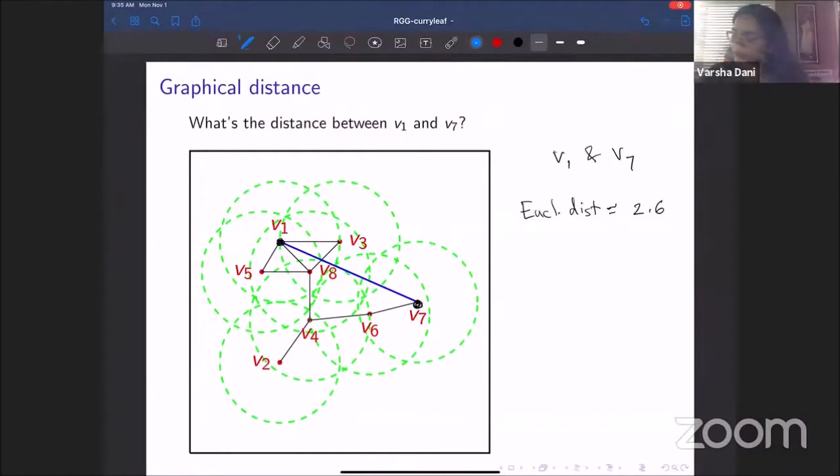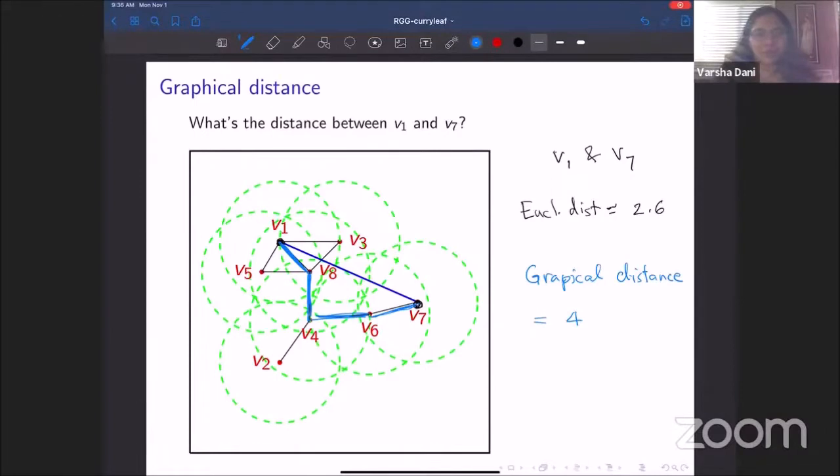If I want to get from V1 to V7 in this graph, the shortest way is through V8, then V4, then V6, and then V7. So the graphical distance is 4.